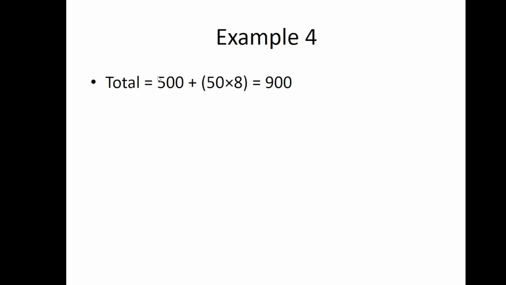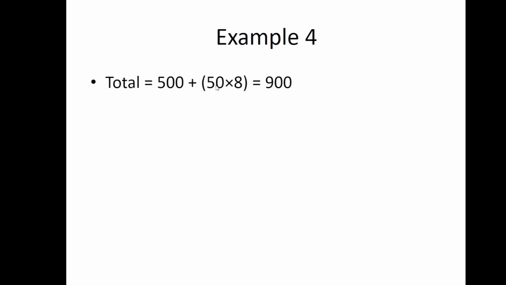So example number 4 is the total. As you can see here, engineering word problems have a different approach. Let's try to check this one. Finding the total is to simply, excuse me, multiply this first.